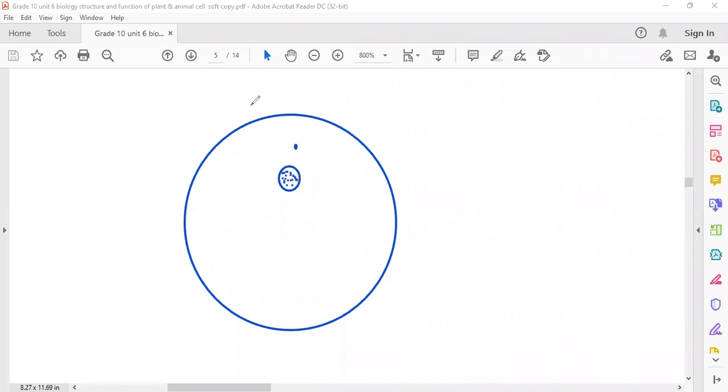This one comes near the cell surface and releases the saliva out from it. This is what we call saliva secreted by the salivary glands. Understood?